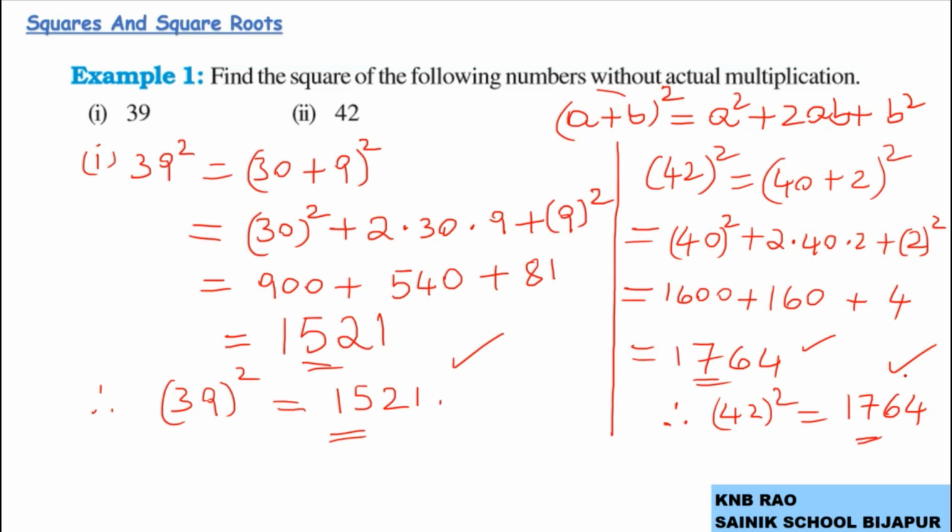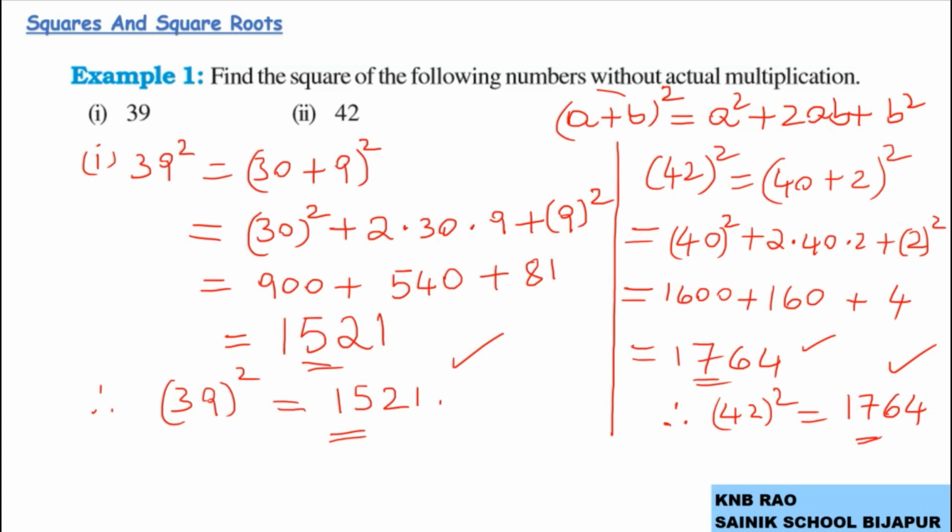Now students, exercise 6.2 contains some more numbers based on this method, so find the square of those numbers using this alternate method. In our next session, I'll be discussing some other alternative techniques to find the square of a number.